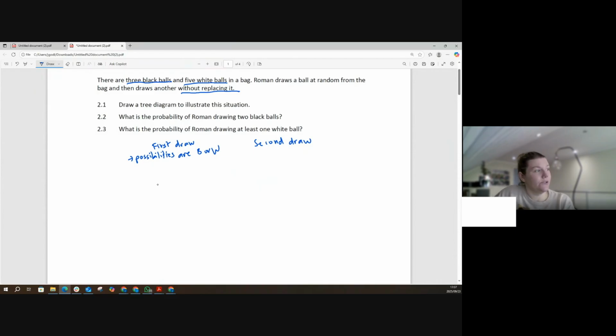So on my first draw, I could either get a black ball or I could get a white ball. Now I want you to look at the numbers. How many balls in total are in the bag when I draw my first ball out of the bag? 8. Good.